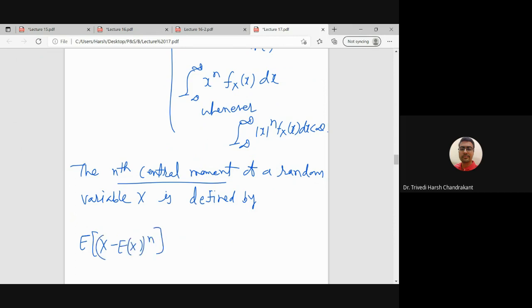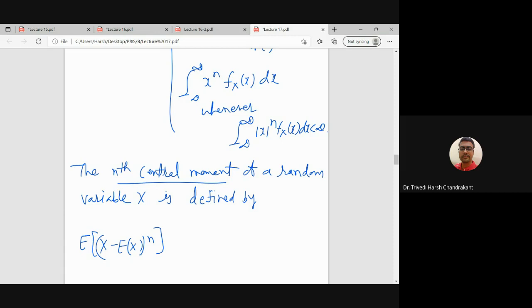So what do we mean by this quantity? Expectation we know of a random variable. If X is a given random variable, then E[X] is a number. Expectation is a number, right? That number we can consider as a constant random variable, and that means this is the difference of random variables, power n. We have the difference of two random variables, that is again a random variable, and its power is again a random variable.